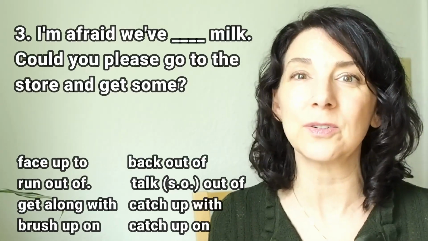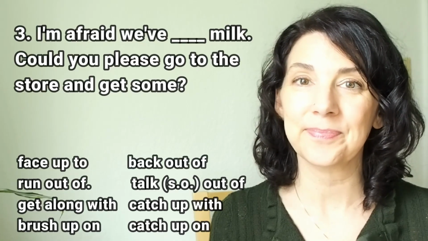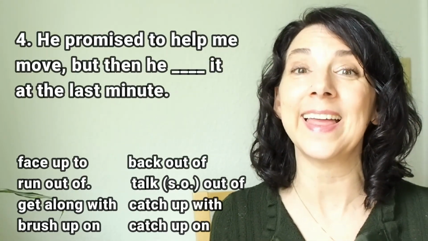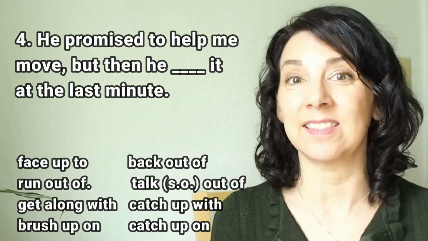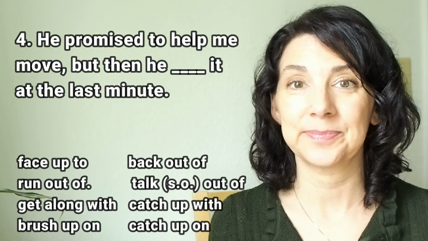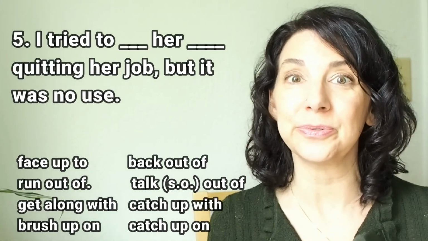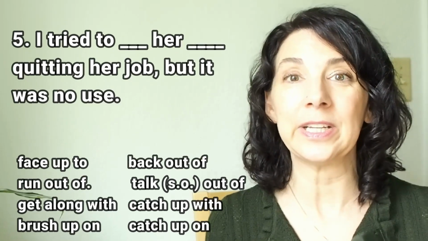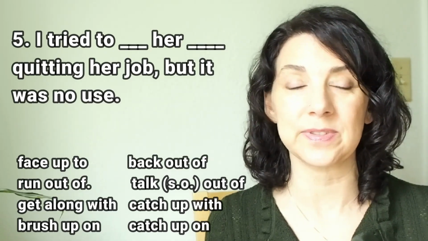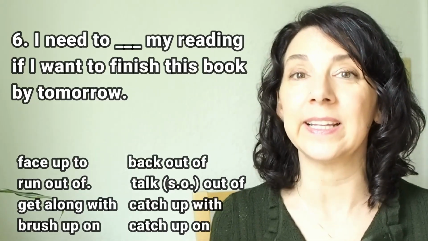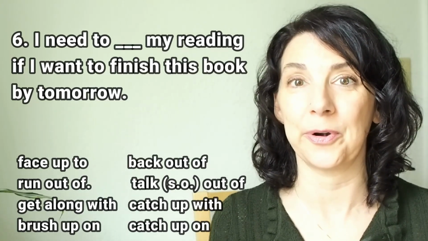Could you please go to the store and get some? Number 4, he promised to help me move, but then it at the last minute. Number 5, I tried to her quitting her job, but it was no use. Number 6, I need to my reading if I want to finish this book by tomorrow.